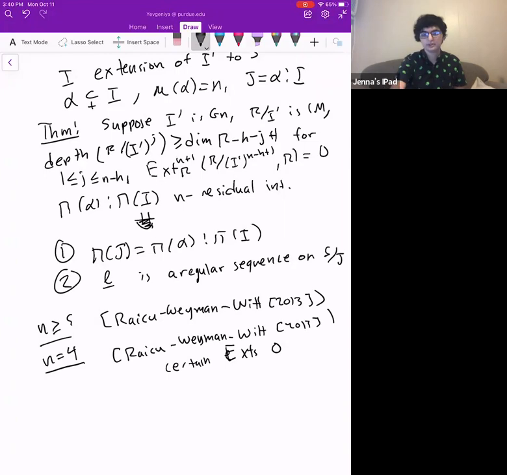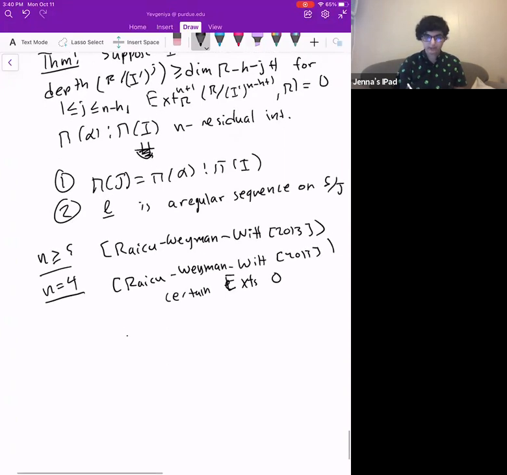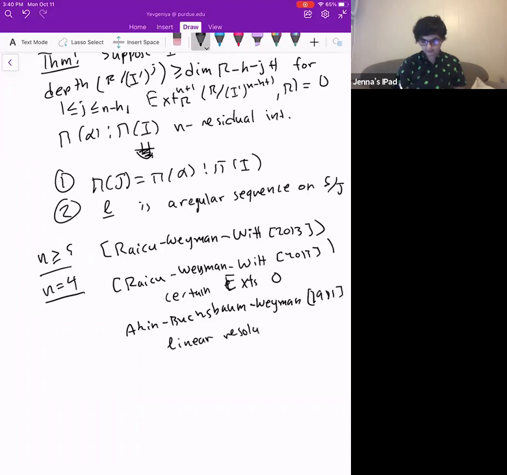And then we use a result from Akin, Buchsbaum, Weyman in 1981 to get a linear resolution, which lets us compute the Ext of I, which lets us compute the Ext we need.